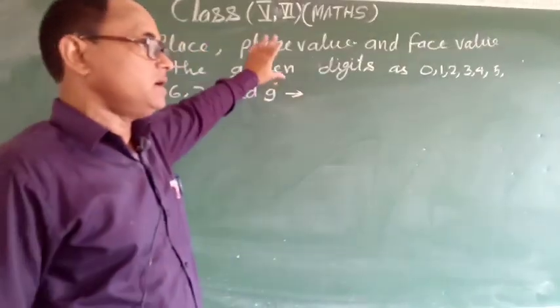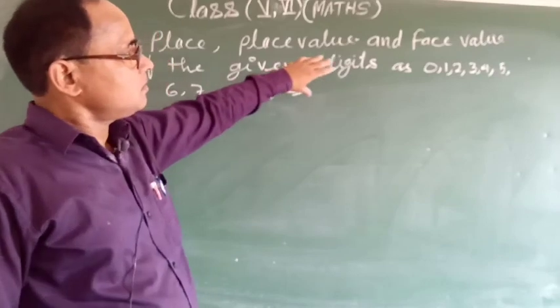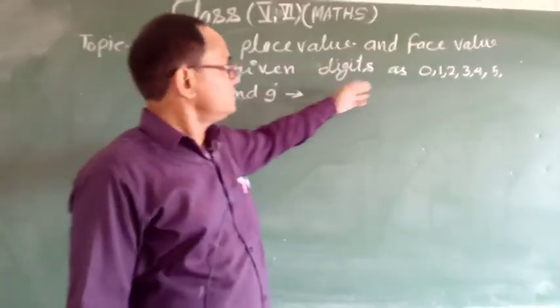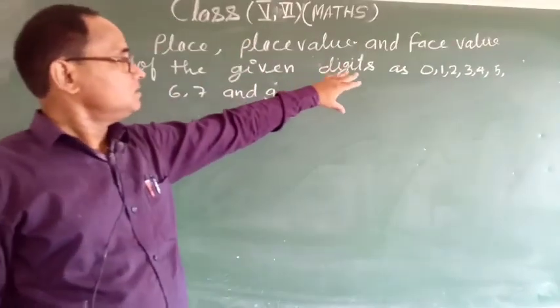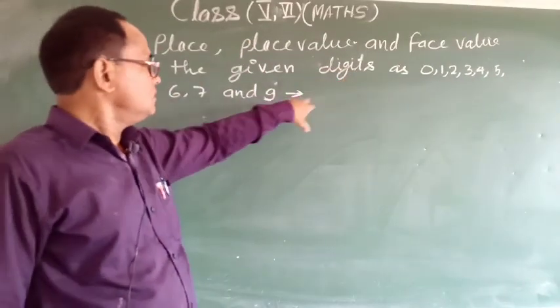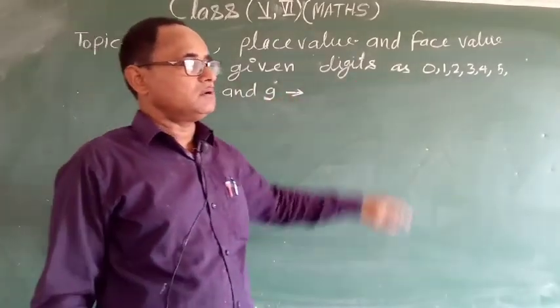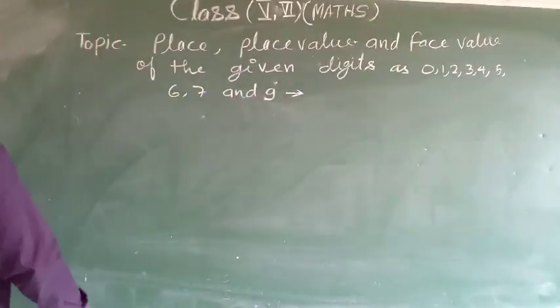These are 9 digits. All numbers depend on these digits, but these digits are completely free, not dependent on each other. Okay, students?